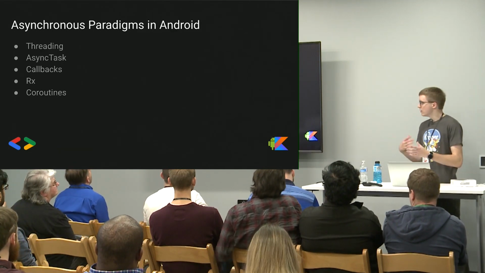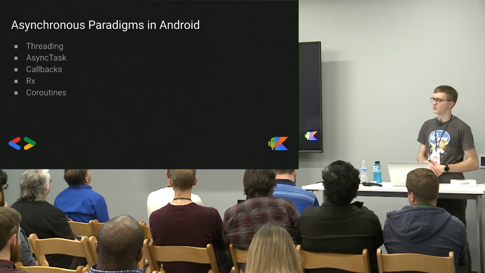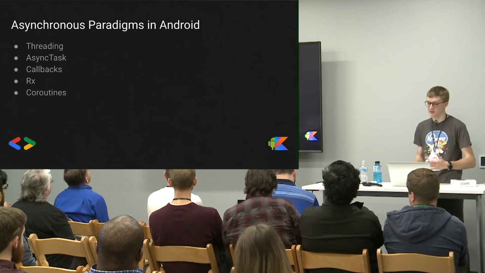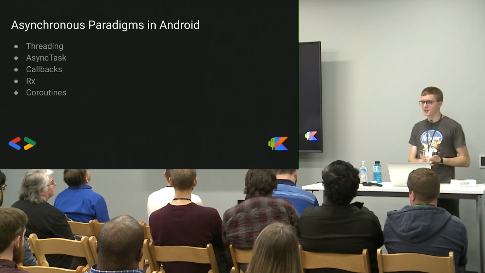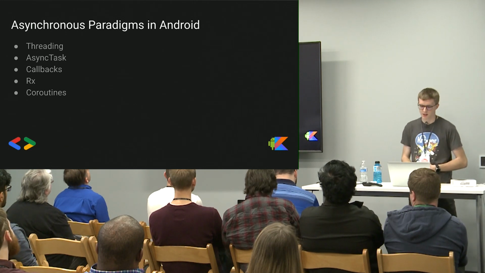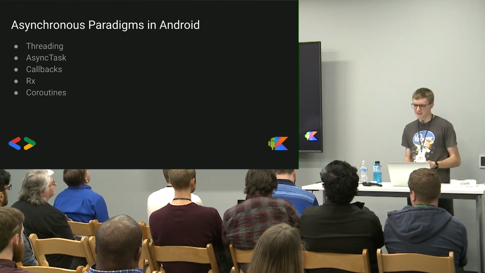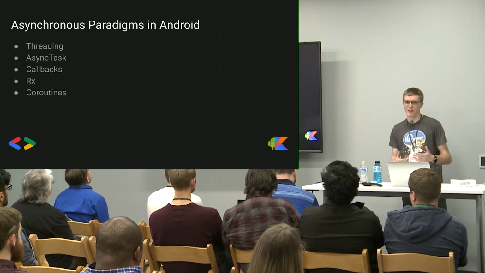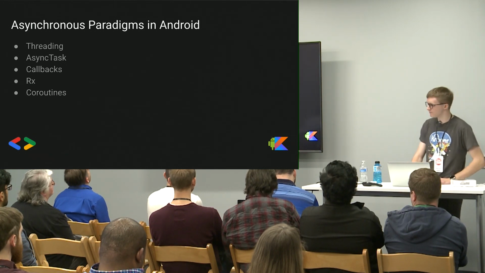So we'll first talk a little bit about some of the existing asynchronous paradigms within Android, some of the existing solves for this issue. But we'll only specifically talk about AsyncTask, callbacks and coroutines. Basic threading is expensive. It's not easy to navigate back to the main thread, and it's really only even a half-decent solution for fire and forget type operations.